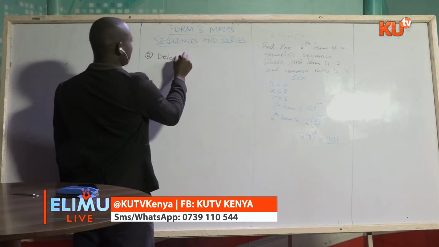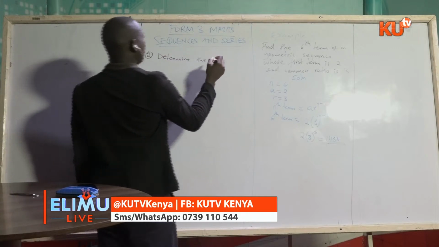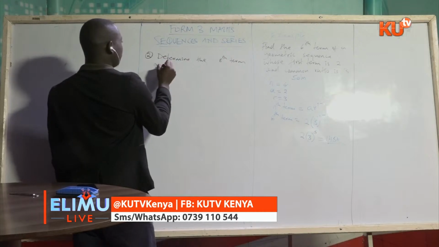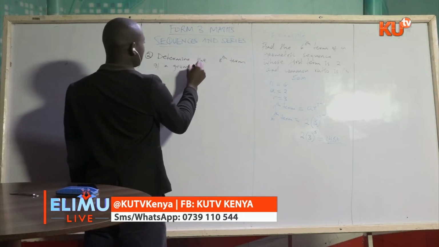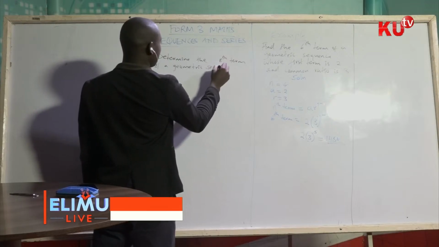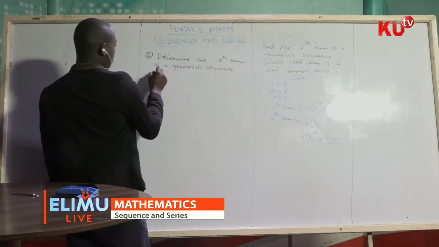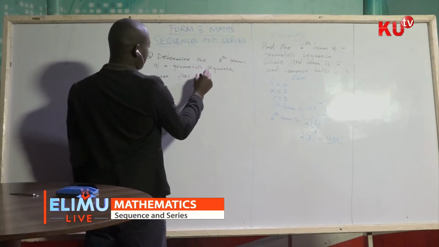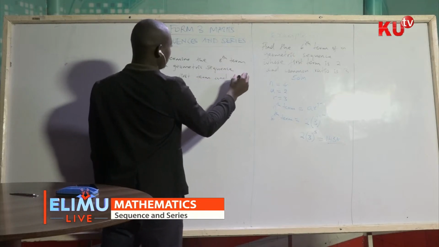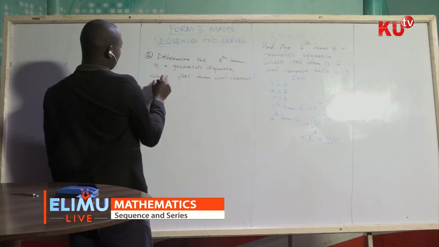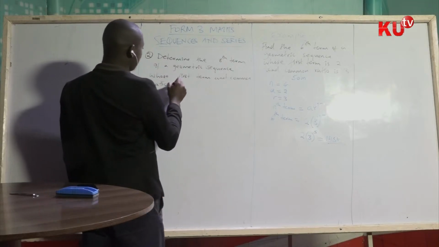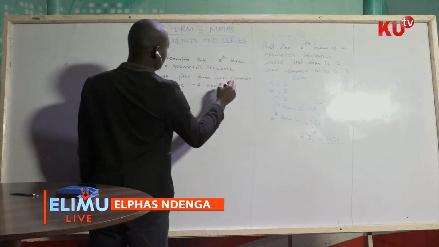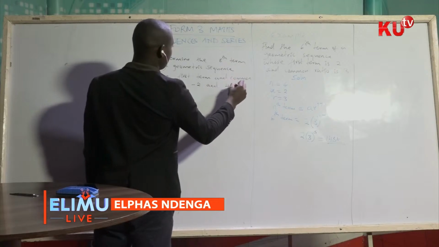Determine the eighth term of a geometric sequence whose first term and the common ratio are -2 and 4 respectively.